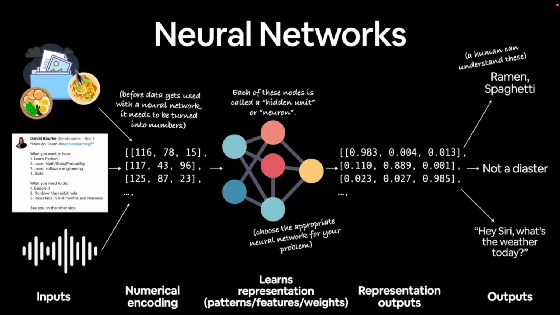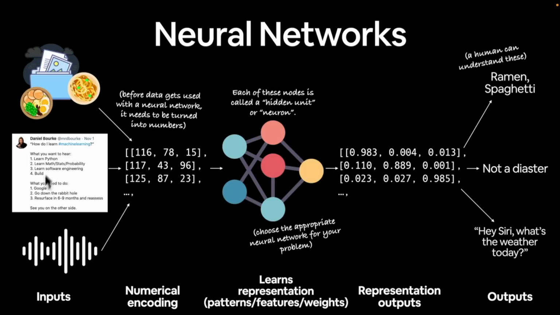So for this example, we might have some input data, which are images of food. And then we want our neural network to learn the representations between an image of ramen and an image of spaghetti. And then eventually we'll take those patterns that it's learned and we'll convert them into whether it thinks that this is an image of ramen or spaghetti. Or in the case of this tweet, is this a tweet for a natural disaster or not a natural disaster?